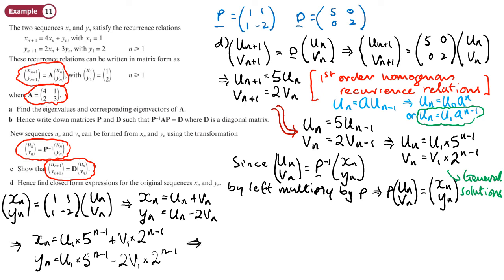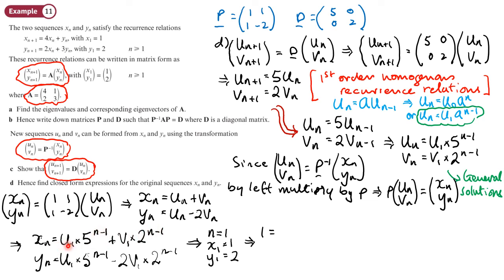Now the initial conditions will be n equals 1, and when n equals 1, we've got the initial conditions up here. x1 is 1 and y1 is 2. So we just substitute that in. With the top equation here, n is going to be 1, so x1, which is 1, equals, since n is 1, we're going to end up with 5 to the power 0 and 2 to the power 0.